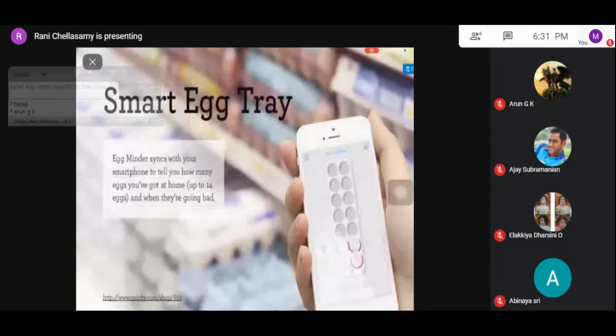Up to 14 eggs you can store. It will remind you how many eggs have been left, and if all the eggs have been used, it will alert the user to buy new eggs and store them. Like that it will remind the person.